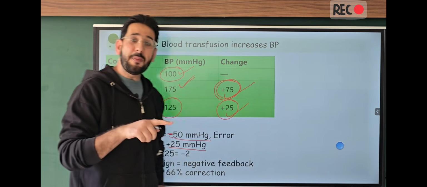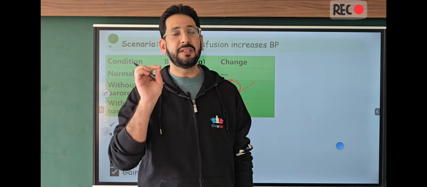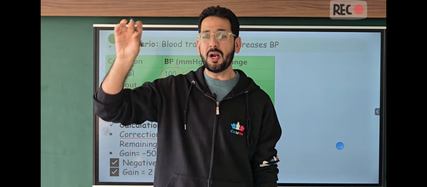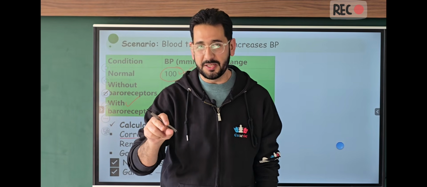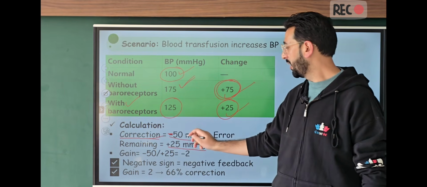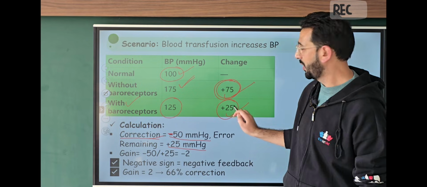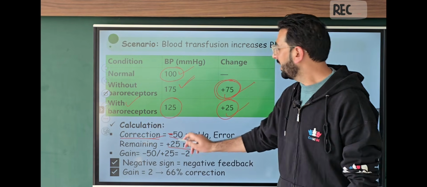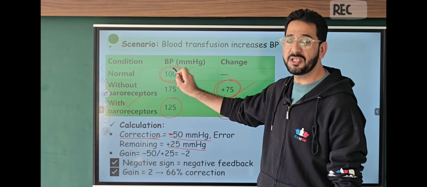This is a little bit tricky, but please try to understand that without baroreceptors, it was 175 mmHg, from 100 to 175. With baroreceptors, it is just 125 mmHg. So how much was the correction? It was minus 50 mmHg, 75 minus 25.